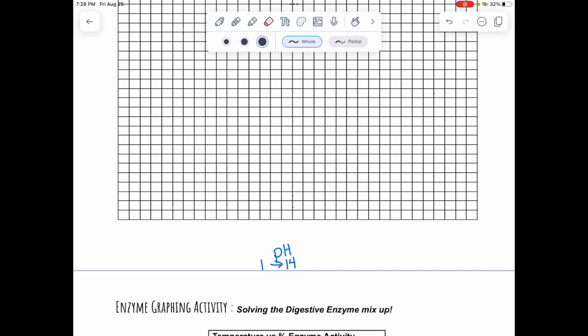So I'm going to go ahead. I'm going to start with a pH of 0, and then every 2 spaces, I'm going to put a number. And so you should do your graph the same way, because that way we're making sure that we are using the majority of the graph by spreading them out this way.